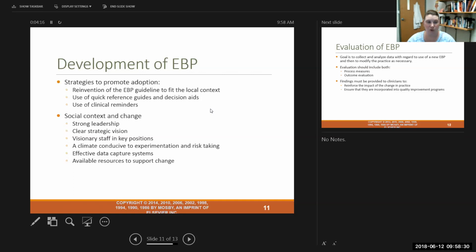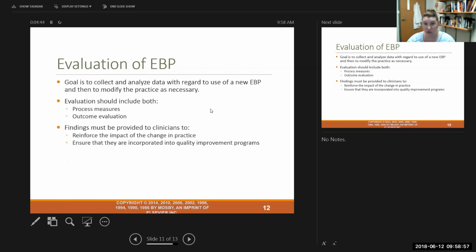You would want to make sure that you have strong leadership that's in support of this, a clear strategic vision, visionary staff in key positions to help with this, a climate that's conducive to experimenting, to looking into these things, that's not opposed to kind of changing the status quo. Ways of being able to capture the data that you are getting through your research studies, and then available resources to support any sort of change.